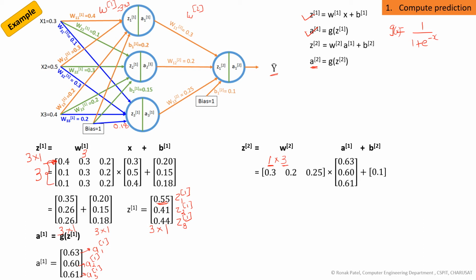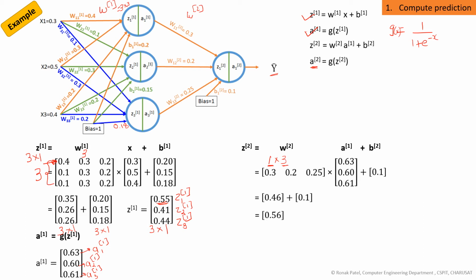That is 0.3 into 0.63 plus 0.2 into 0.60 plus 0.25 into 0.61, right? And plus your bias. There is only one neuron, so only one bias. If you perform this, you will get the value of Z2, that is 0.56.